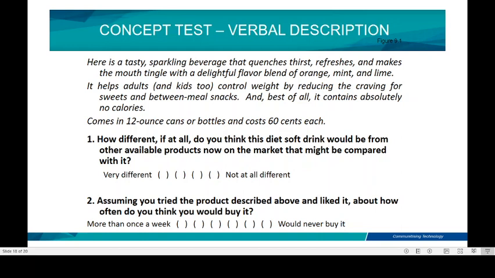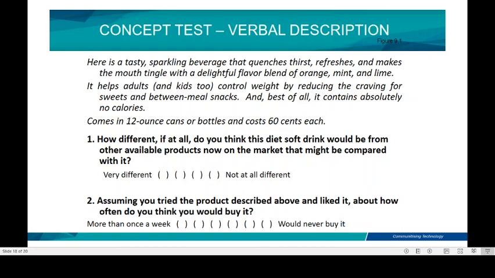For your concept, you can first identify how much it would cost the customer, so that you can ask them whether it is too pricey or too expensive. These are the questions you can ask, for example, how different do you think this diet soft drink would be from other available products now on the market that might be compared with it? Is it too different or not at all different?